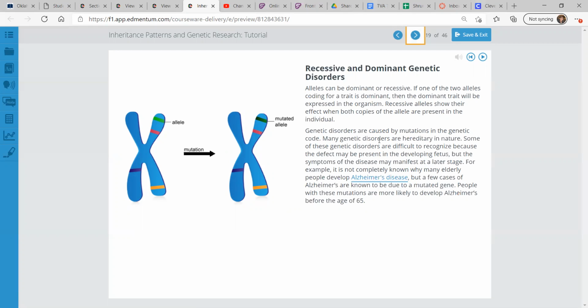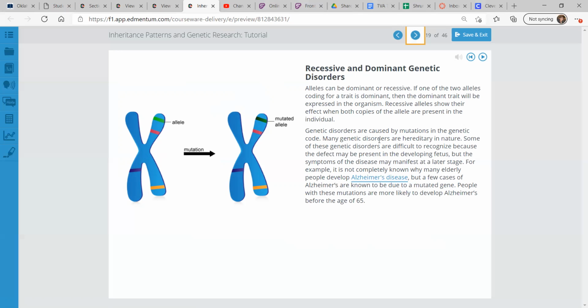means exactly. But genetic disorders are caused by mutations in the genetic code. Many genetic disorders are hereditary in nature. Some of these genetic disorders are difficult to recognize because the defect may be present in the developing fetus, but the symptoms of the disease may manifest at a later stage.